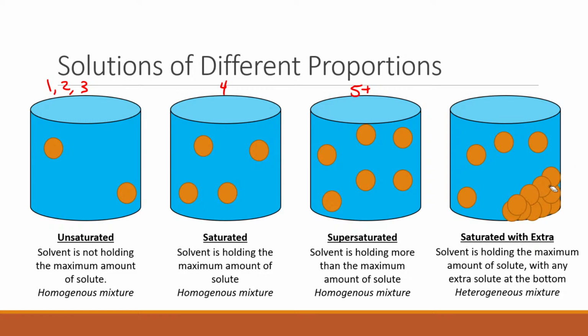Right? If you finish stirring up your Kool-Aid or lemonade and there's still solid on the bottom, that is saturated with extra. The water is holding the maximum amount it can hold, but there's still some left over that can be dissolved if you make it supersaturated, or will trade places with the other ions that are down here.